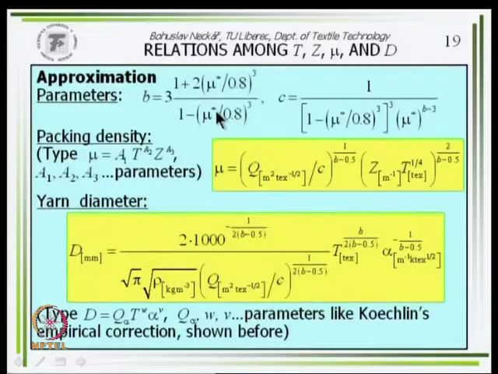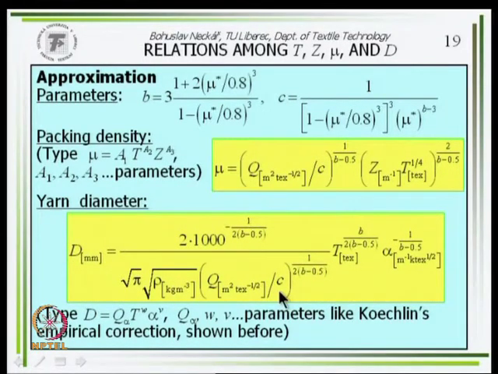We calculate the value B, then value C, and when we have this here, we calculate packing density mu using such an expression. It is very easy. Now it is a constant times twist times yarn count to the power 1/4, all to the power 2b over b minus 0.5.